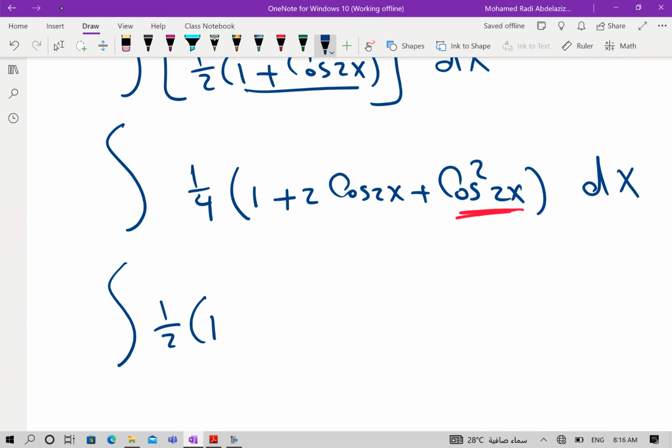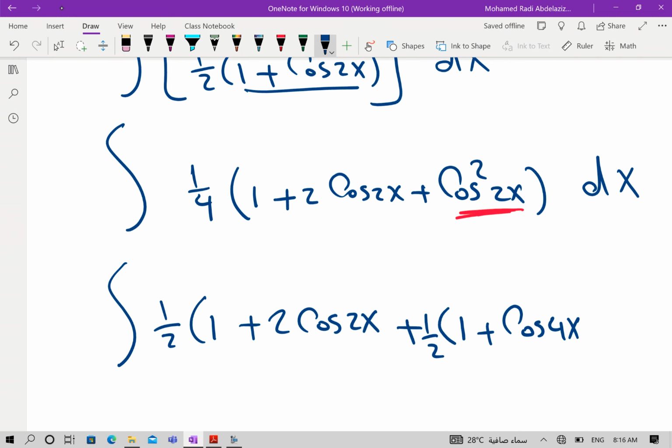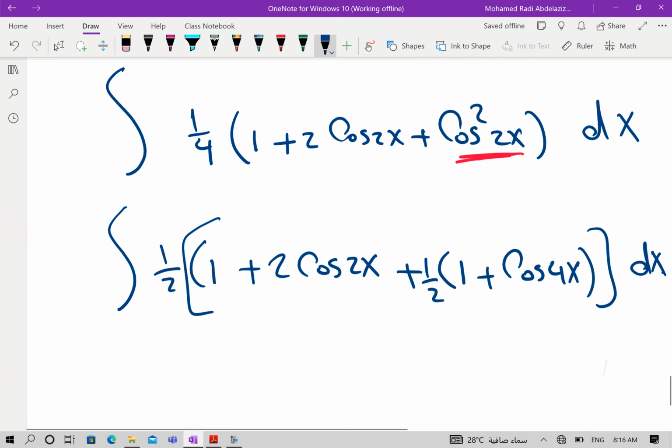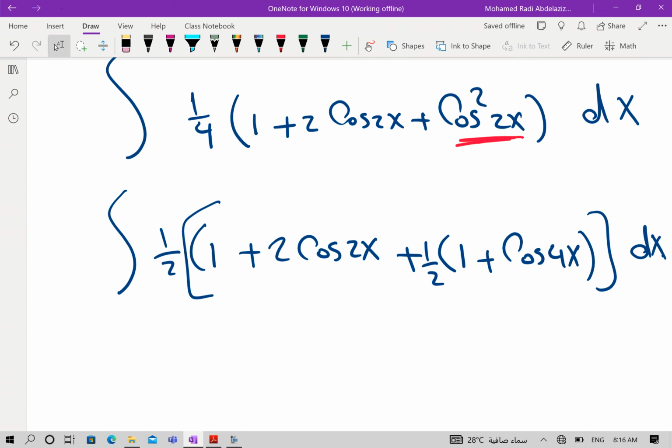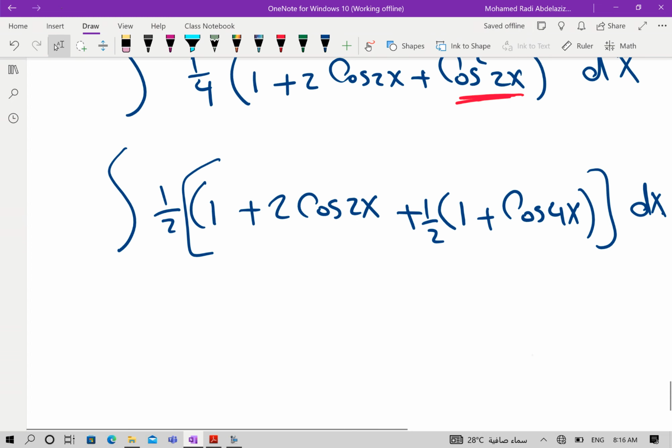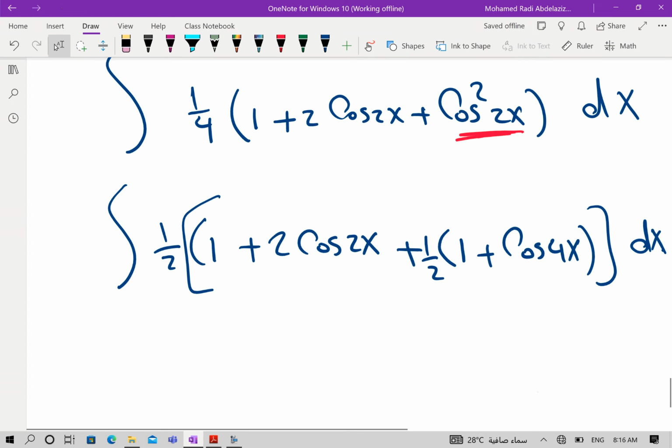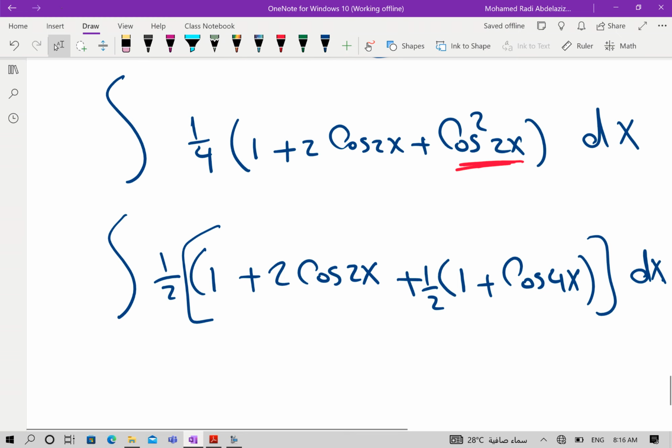Half of 1 plus 2 cosine 2x plus cosine squared 2x is 1 over 2, 1 plus cosine 4x, all by dx. After expanding, in the beginning, yes, it's 1 over 4.